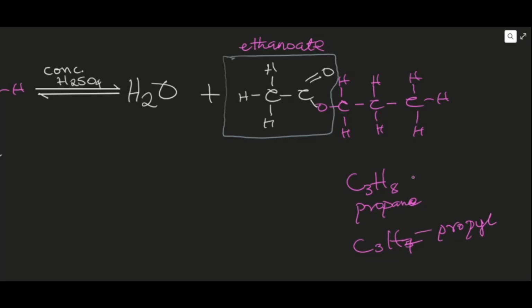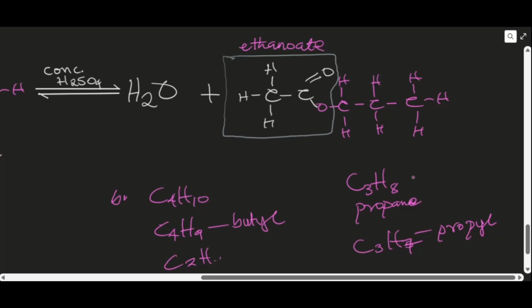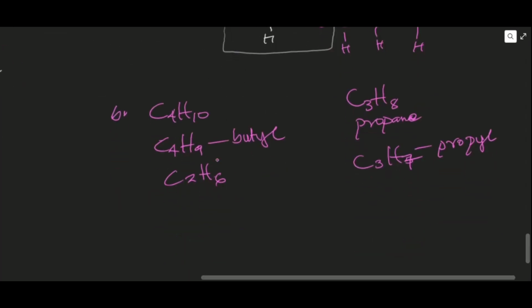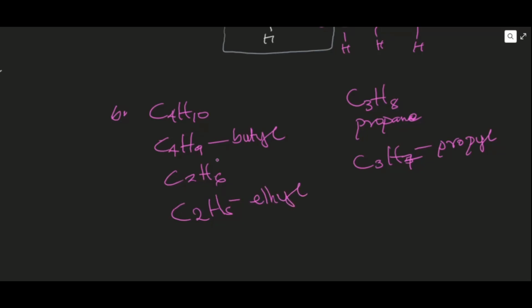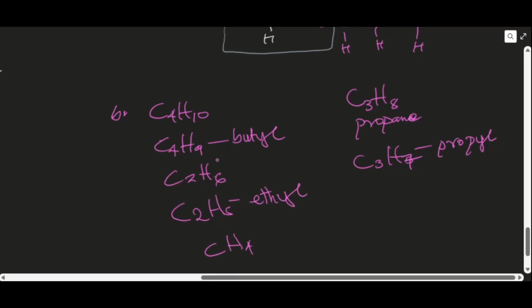If it is butane, butane is C4H10. If it is C4H9, that is 10 minus 1, it is butyl. Ethane is C2H6. If it is C2H5, it is called ethyl. Methane is CH4. If it is CH4 minus 1, a CH3, it is called methyl.